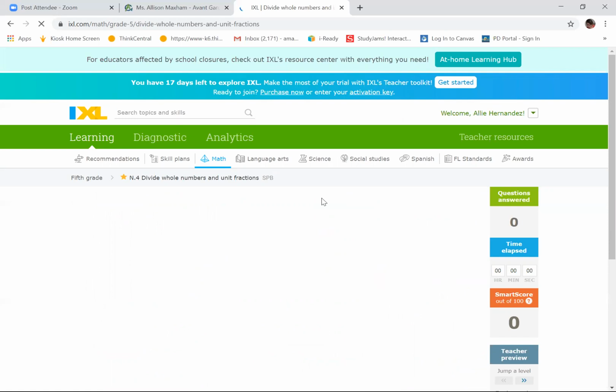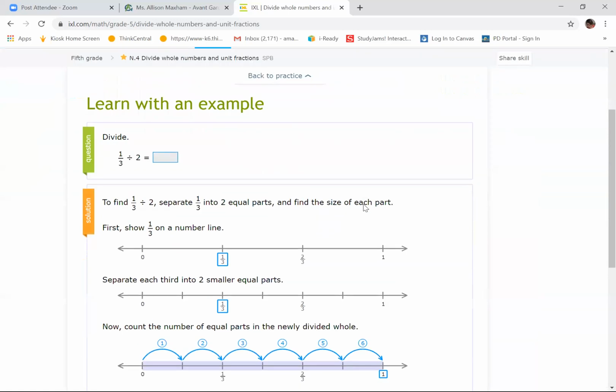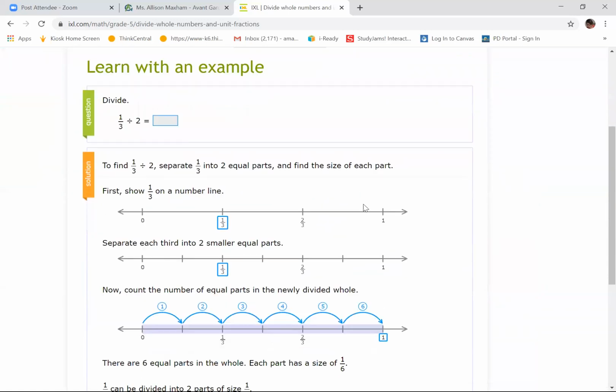So I wanted you to have a well-rounded review with using the models as well as using the algorithm. So here, 1/4 divided by 2, we're going to flip that following fraction, right? But we've got to turn that into a fraction first. Let's look at their example. Oh, they're using a number line.